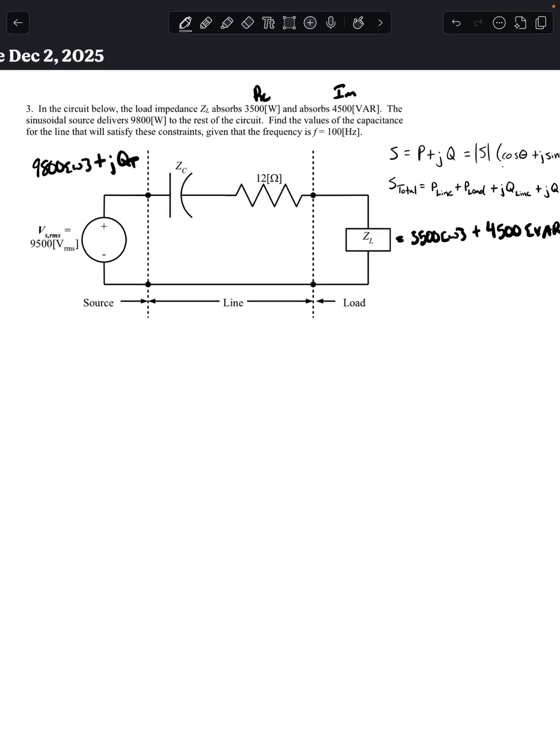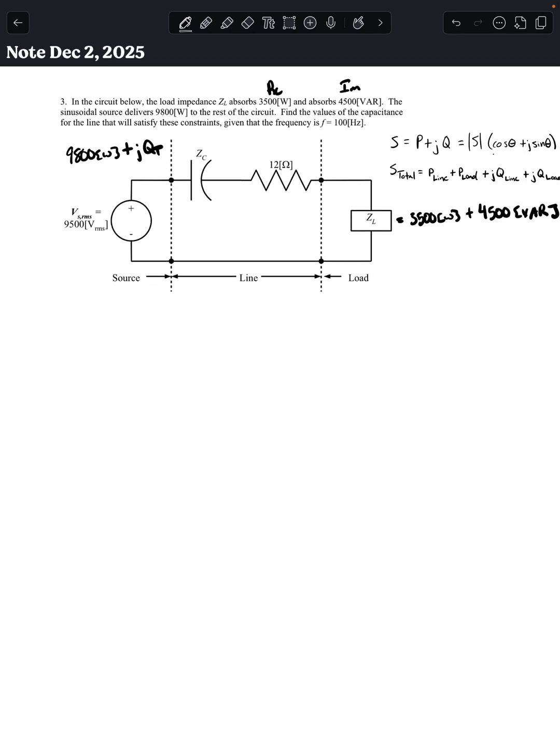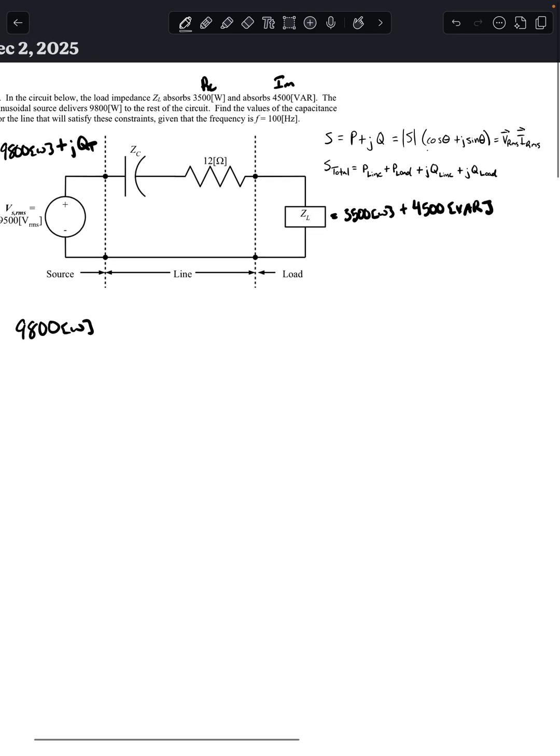The only real component in our line is 12 ohms, and so we can solve using our real wattage from the source is equal to the sum of our line and load wattages.